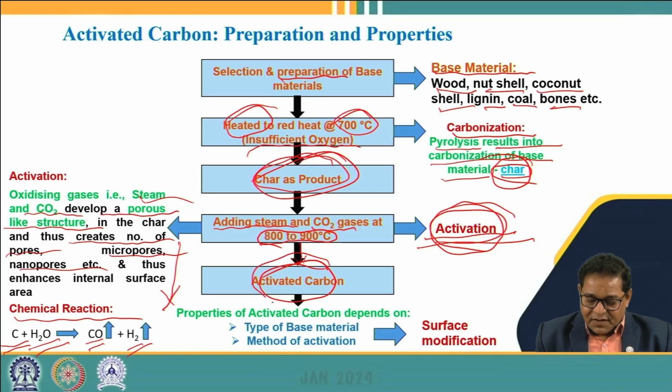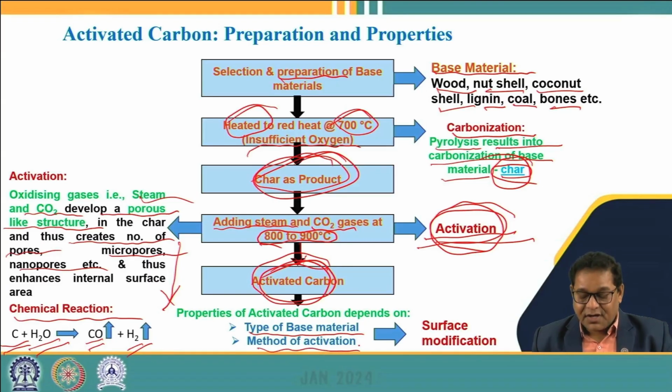The properties of the activated carbon generated from this activation process depend upon the type of base material we have used and also on the methodology used to prepare it. Even after the activated carbon is prepared, we can carry out surface modification, adding different types of surface charges and functional material, and how this is done we will look into in the further slides.